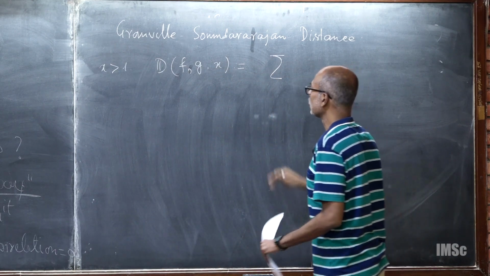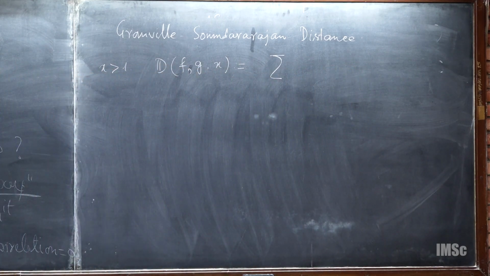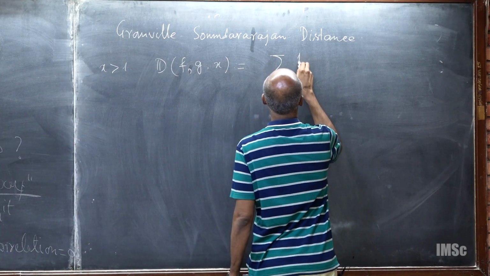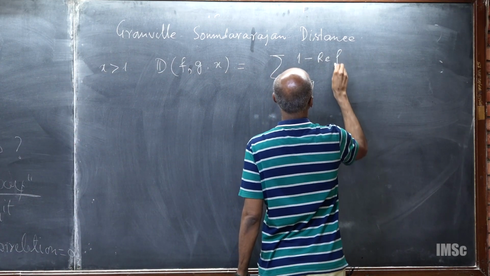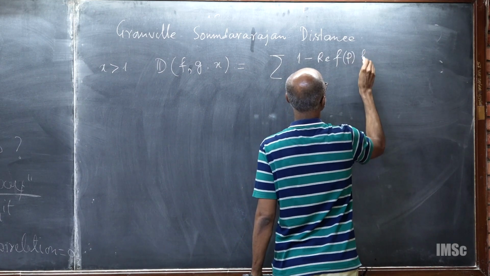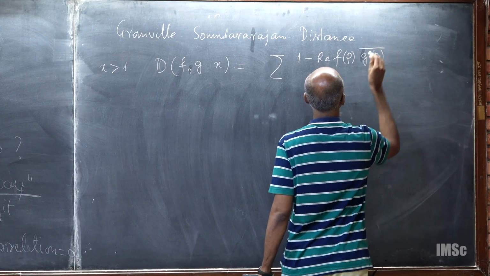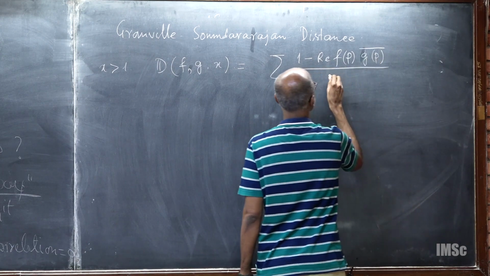All the functions I talk about take values in the unit circle, otherwise what I am going to write now will not make sense. So this is the sum of 1 minus the real part of f(p) g(p) bar, divided by p, over primes p. So these functions are evaluated at primes.